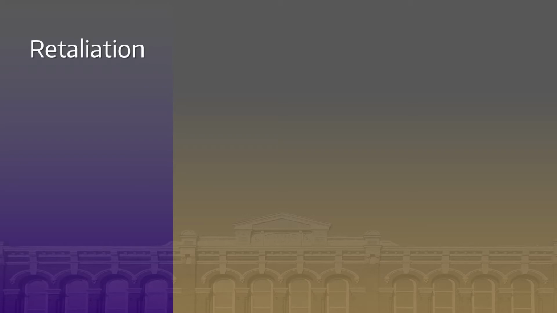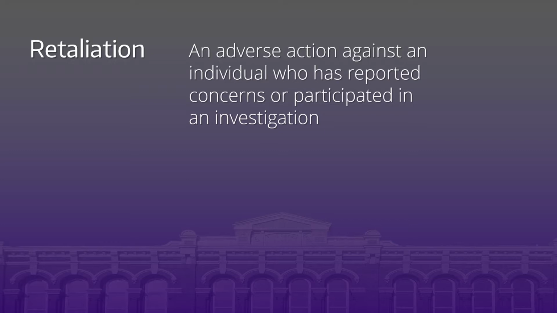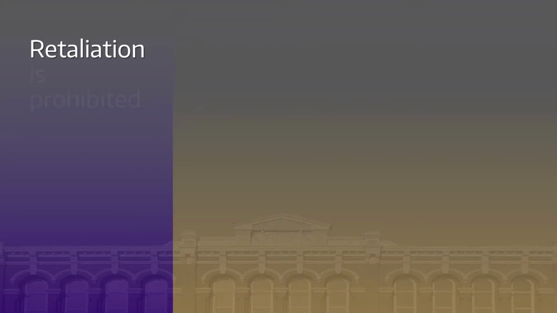At any point during or after an assessment or investigation, retaliation may be a concern. Retaliation is adverse action against an individual because they have made a report or participated in an investigation. Retaliation is prohibited by university policy.